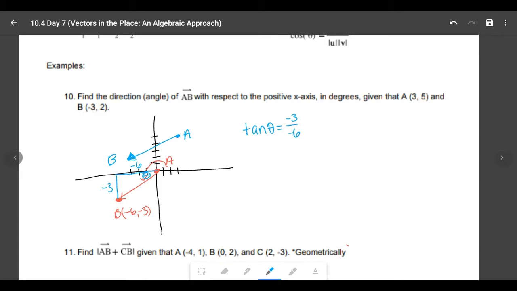And when I take the arctangent of that, we should get approximately 26.57 degrees. Now be careful because we're not done. This angle is in the third quadrant, so we need to add 180 degrees to theta, and we should get our final answer of 206.57 degrees.